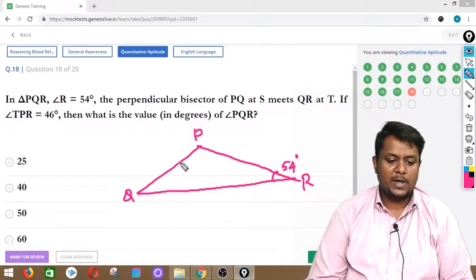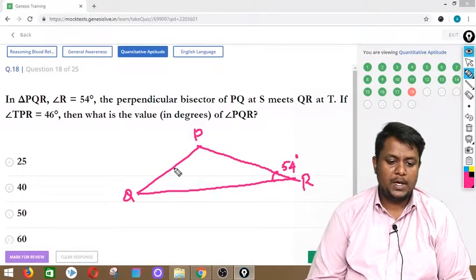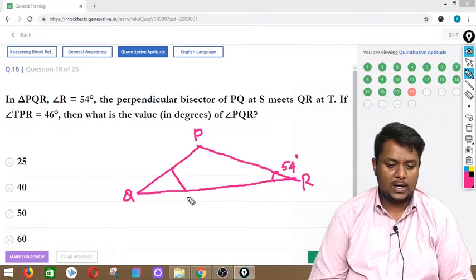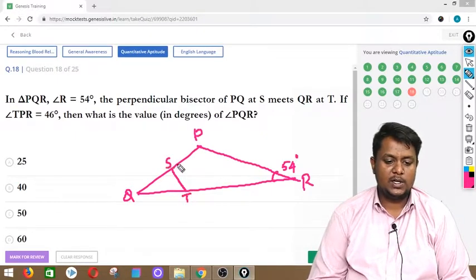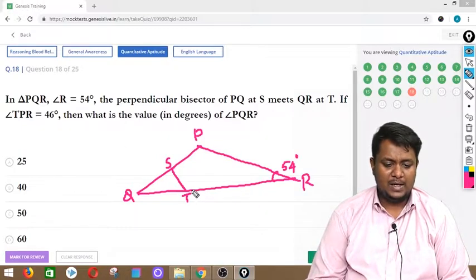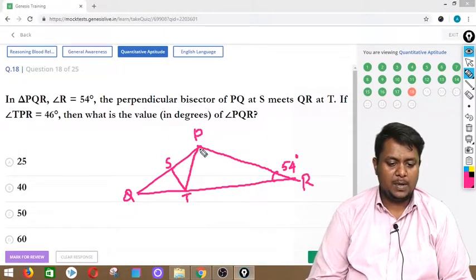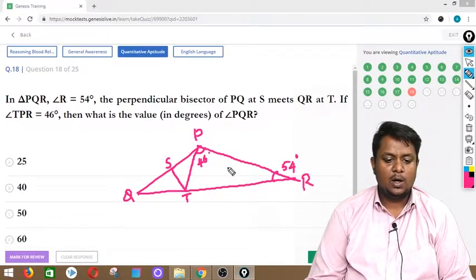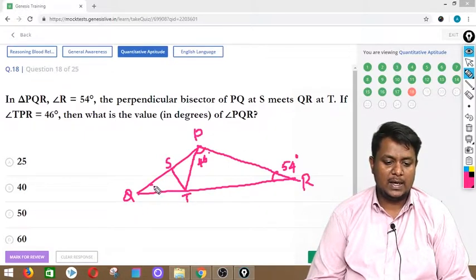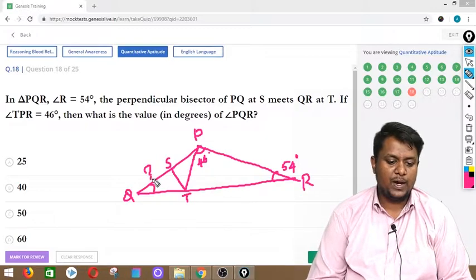The perpendicular bisector of PQ meets QR at T, and this point is S. If angle TPR is 46 degrees, what is the value of angle PQR? So this angle is what we are supposed to find out.